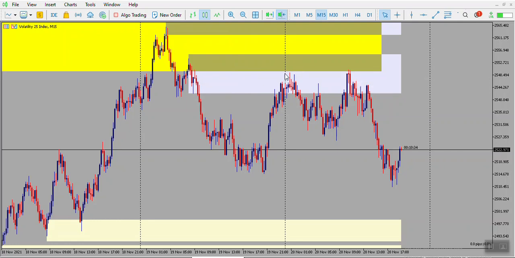We saw this. So here price didn't get to the zone here, so this would have been another entry.